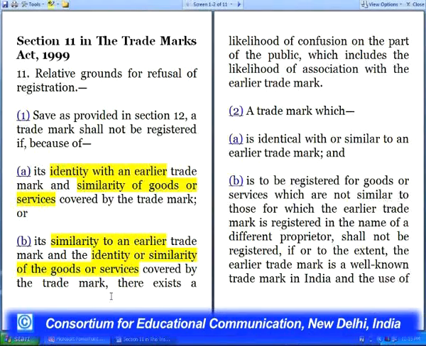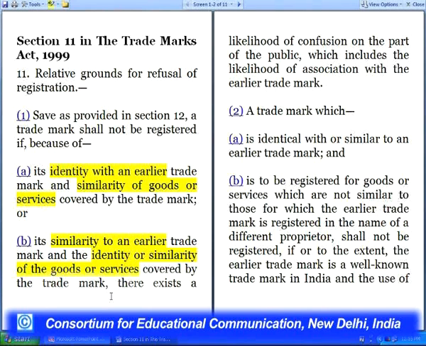Well friends, I would now like to take you to the language of Section 11, which is a little ticklish, but I'll try to make it very simple by giving you many examples and illustrations. If you look at Section 11 and its composition on the screen, in the marginal note it tells that these are the relative grounds for refusal of registration.